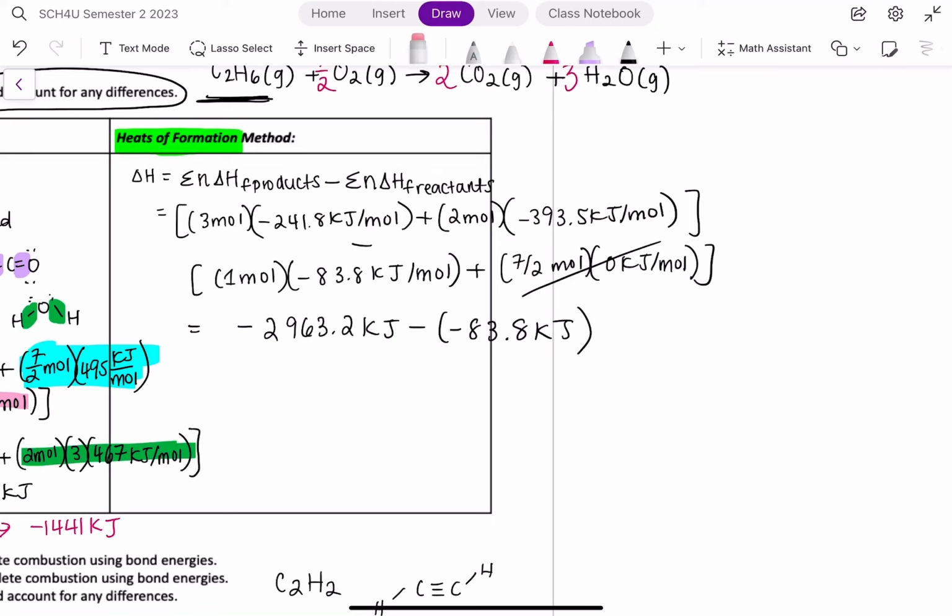Oh, sorry. The first one is not this number. The first number is negative 1,512.4 kilojoules. I just double checked on my calculator.